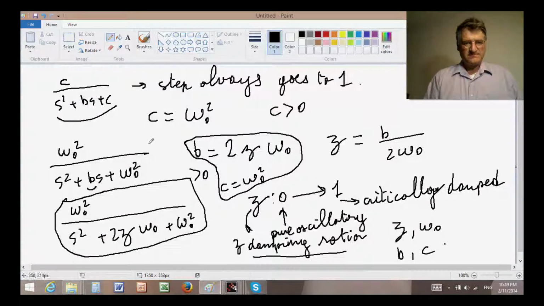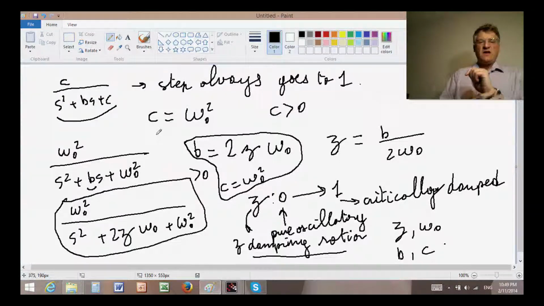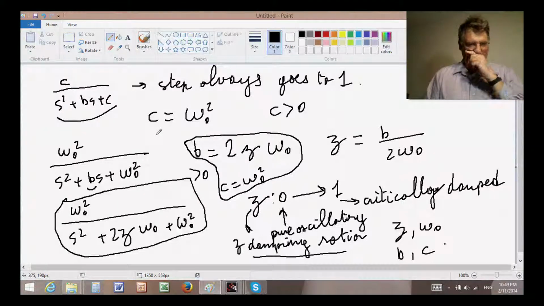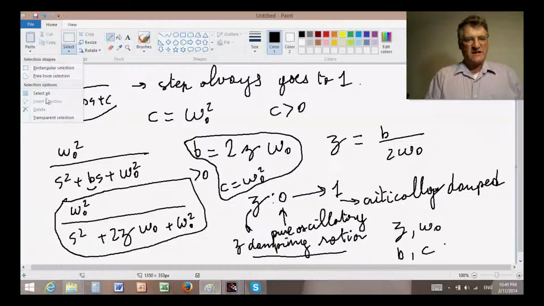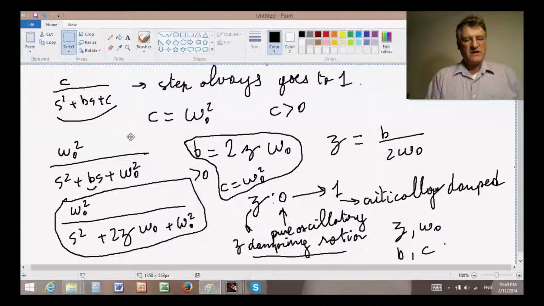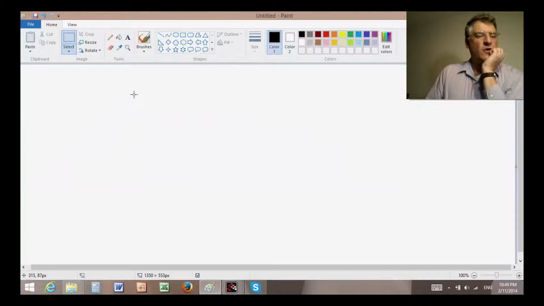All right. Now, we will look at the kind of response we get. So for that, I will look at the following. First, we will go for a more complete description of the transfer function.